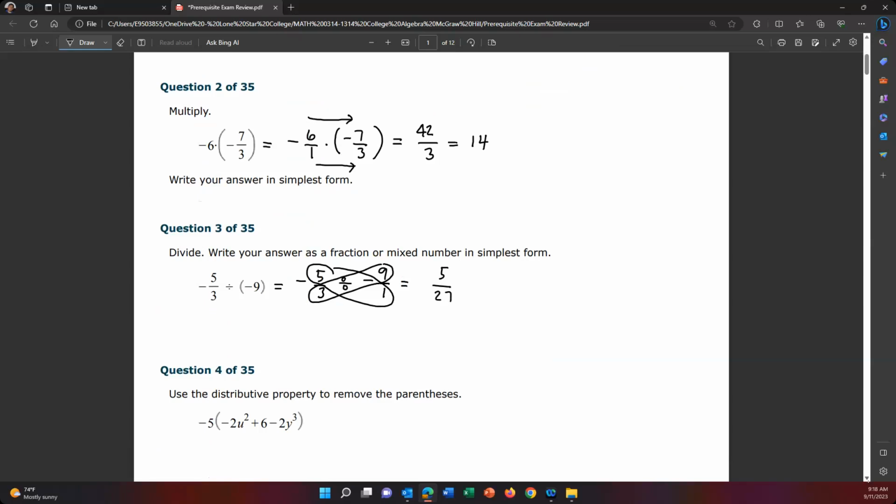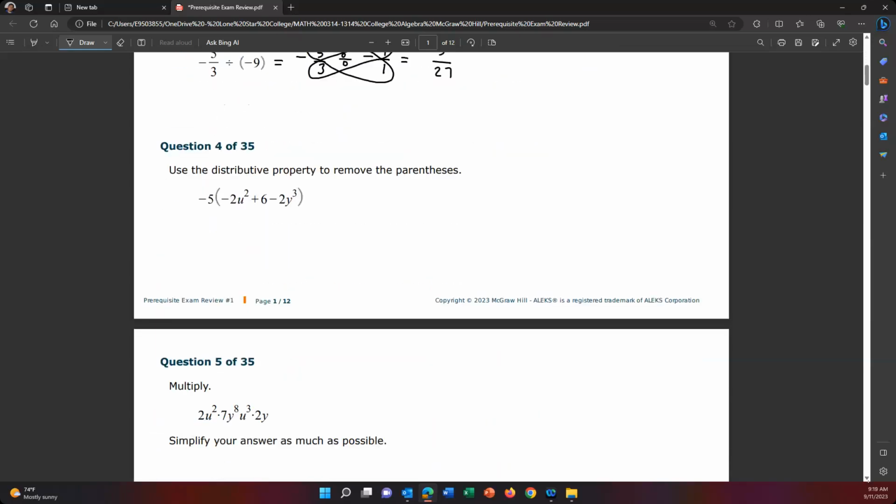Moving on to number 4. They want us to use the distributive property to remove the parentheses. What they want us to do is take this -5 outside of the parentheses and distribute it to every term that is inside of the parentheses. And I'm noticing there are 1, 2, 3 terms, so I'm expecting 1, 2, 3 terms as the result.